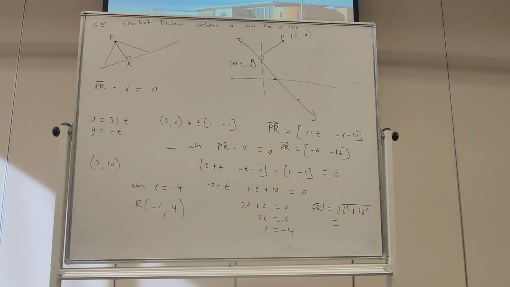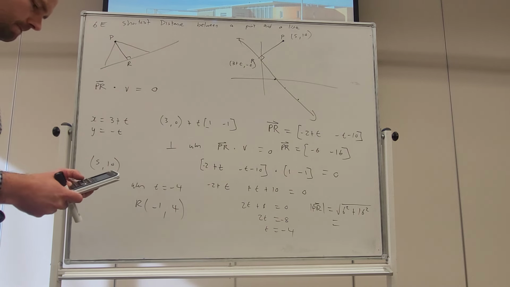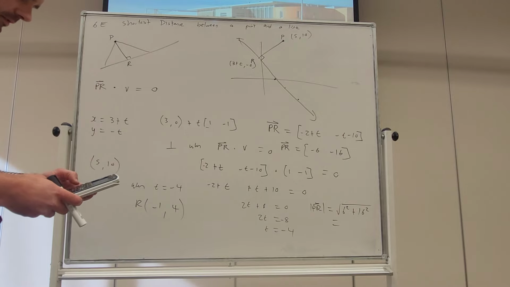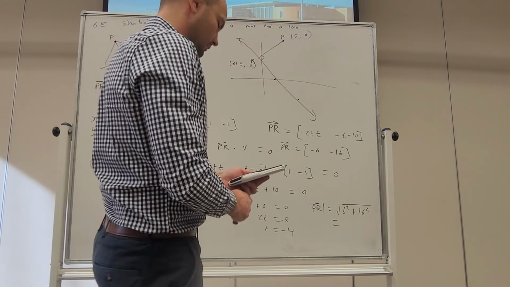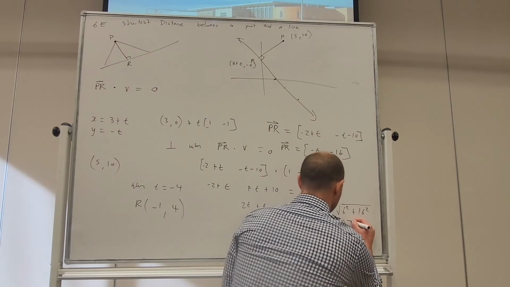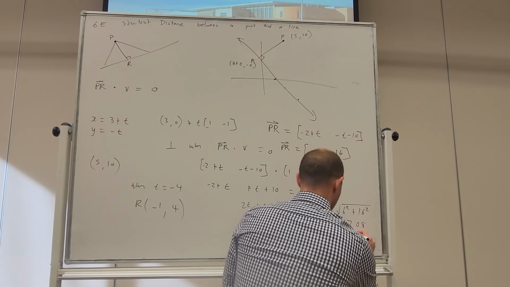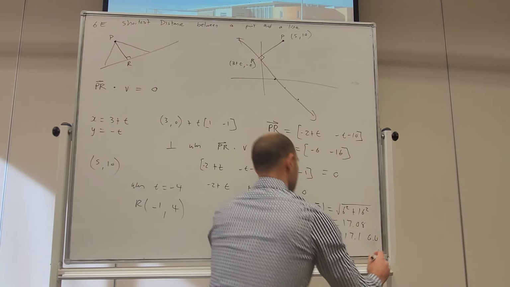So 256 and 36, and then the square root of that, evaluated to 3 significant figures. We've got 2 root 73, 17.08, so 17.1 grid units.